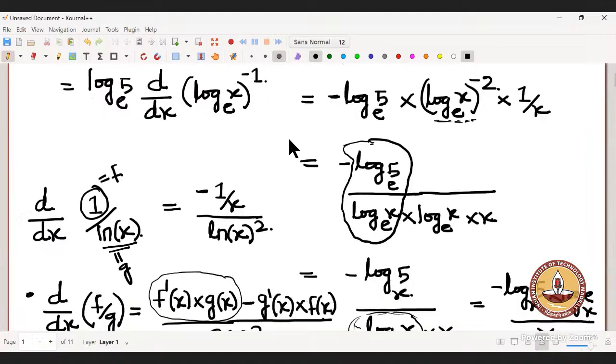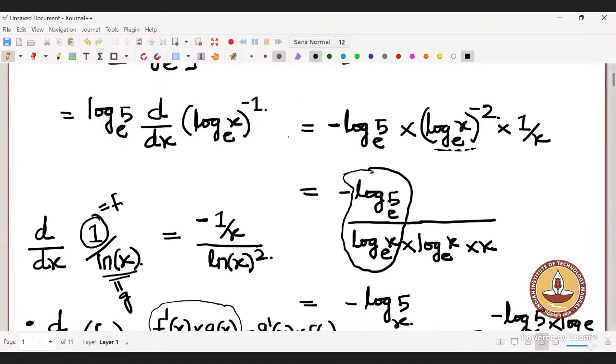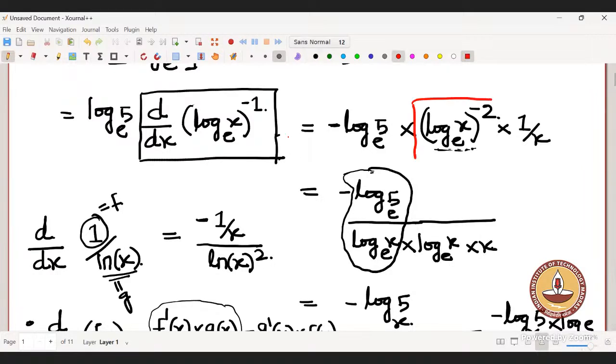See this, what is the derivative of this thing? We are getting this one, and you are getting the same thing, right?